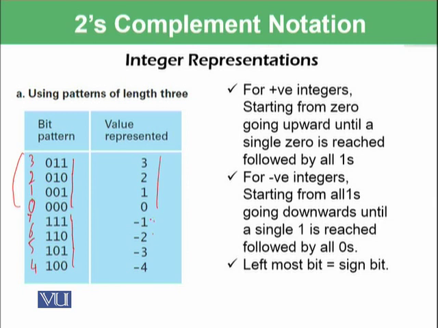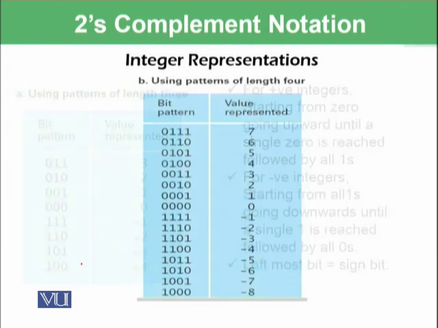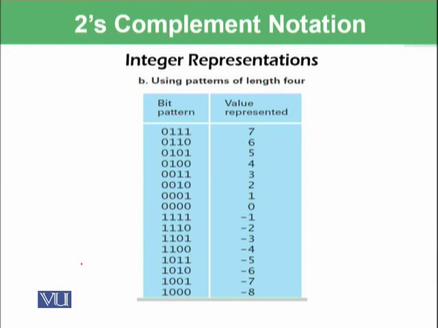So the rule is, for positive integers, starting from 0 and going upward until a single 0 is reached, followed by all ones. So we have reached a position where there is only one 0 and all ones. And for negative numbers, starting from -1 and going downward until we have only one 1 followed by all zeros. If we see it in the 4-bit pattern, we have something like this.